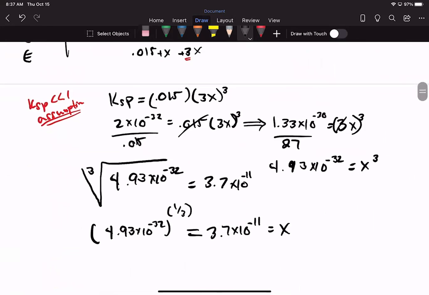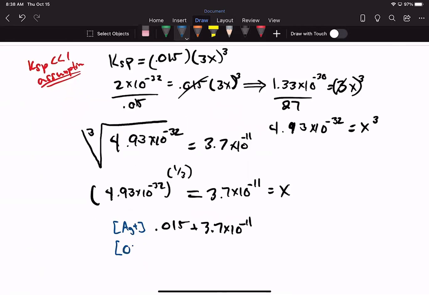So we have 3x, so we have 0.015 plus 3.7 times 10 to the minus 11. 0.015, and then what do we have?